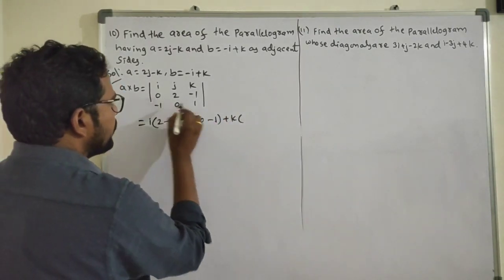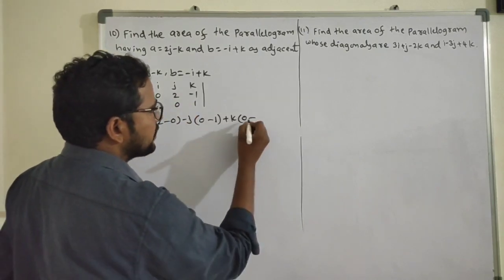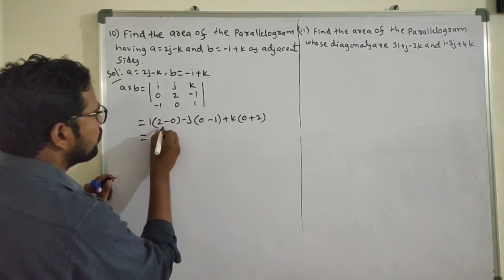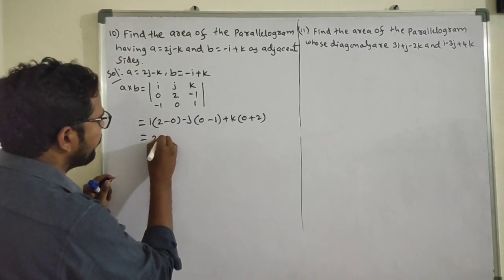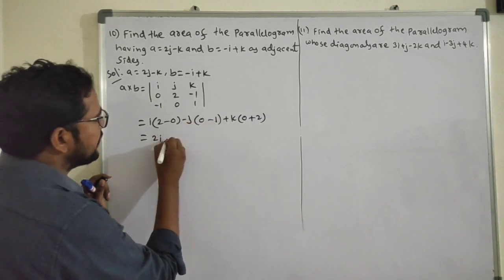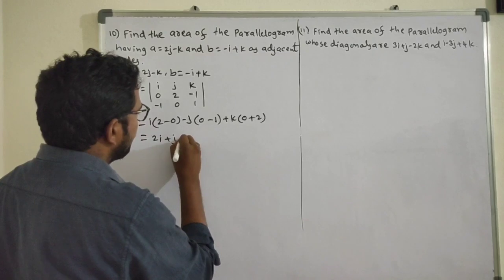0 into 0 is 0, minus minus 1 into 2, we already have a minus, so it becomes plus 2. So 2i plus j plus 2k.